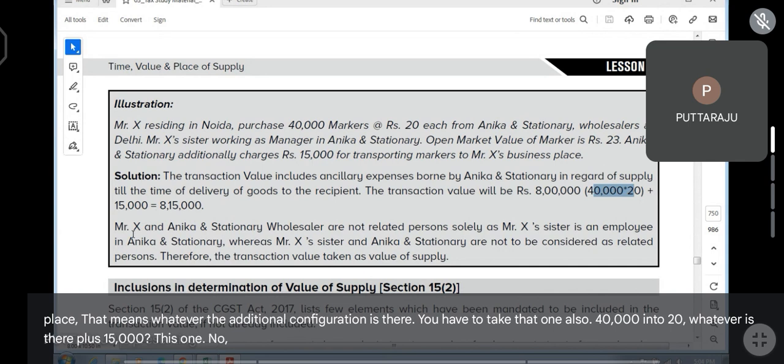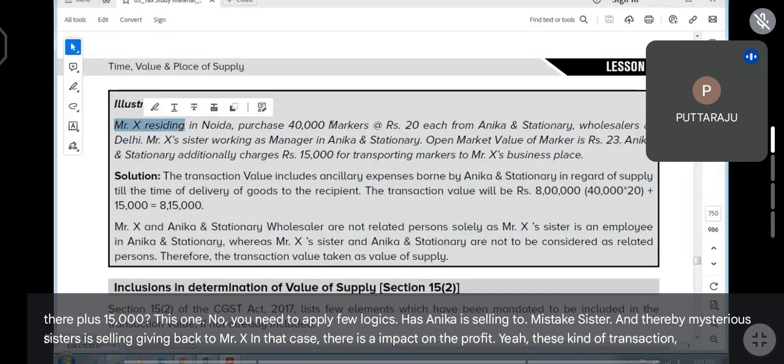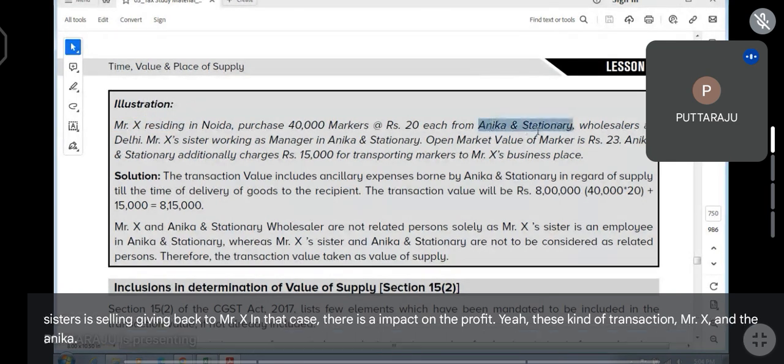Now you need to apply a few logics. As Anika is selling to Mr. X's sister, and thereby Mr. X's sister is selling, giving back to Mr. X, in that case there is an impact on the profit. These kinds of transactions, Mr. X and Anika, these two are not related.